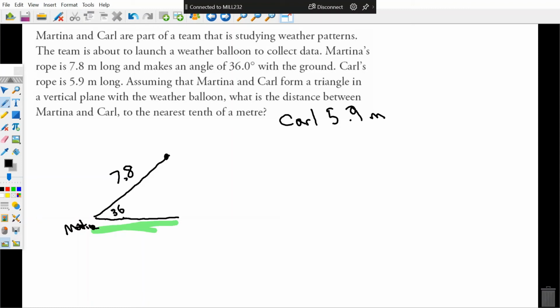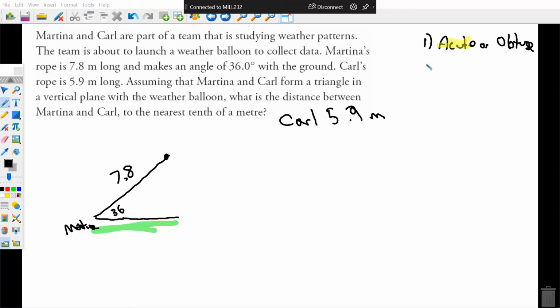So the first thing we're going to do is, step one, acute or obtuse. We can see that the angle is acute, right? So we know we've got an acute angle.